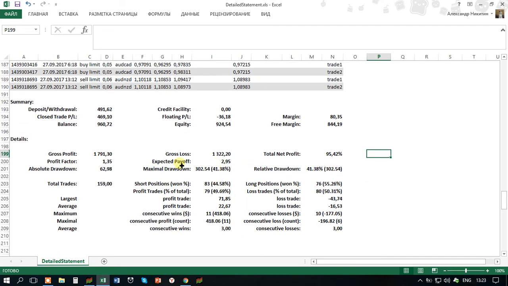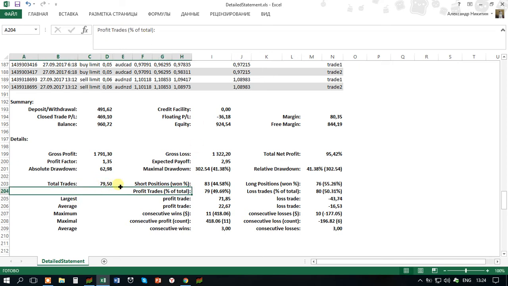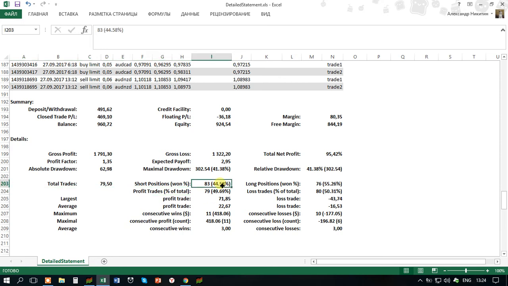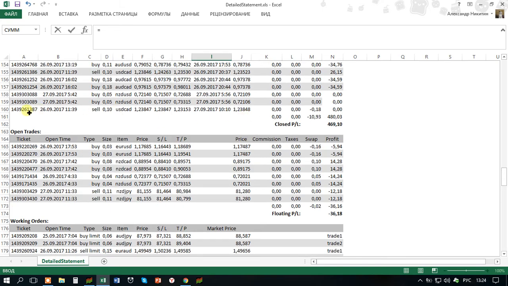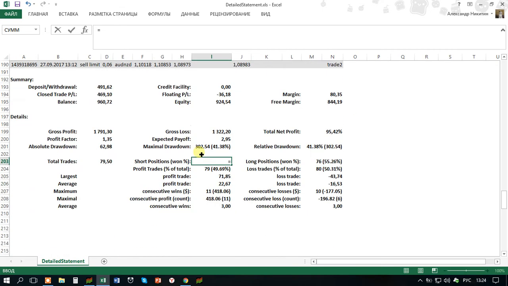And let's calculate the number of trades. Let's calculate the number of patterns, not the trades by patterns. I am to divide by 2. Okay, 79.5. Let's calculate the number of winning trades. Here is the formula. Let me see the last line. 160 is the last line. It is here, 160.